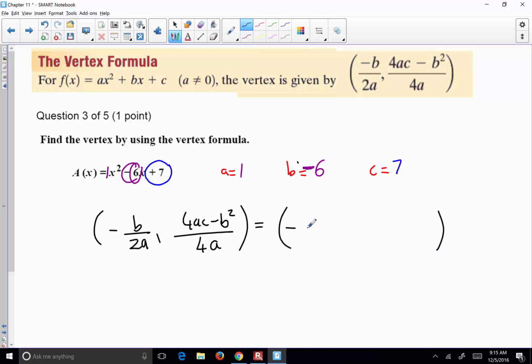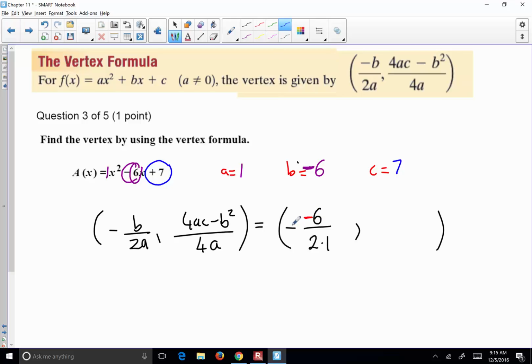Let's use this in this formula. I see minus B, B is negative 6, so minus negative 6 over 2A. I made another mistake. Where is the mistake? Double minus, right? Negative of negative 6.